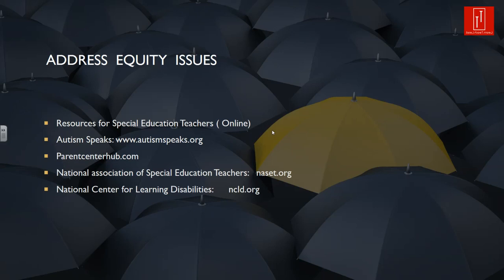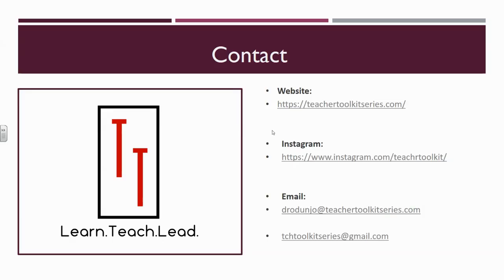For the National Association of Special Education Teachers, this is an excellent website for you to visit, naset.org. And there's the National Center for Learning Disabilities, ncld.org. A lot of great resources right here, in particular for teachers who may have students who have special needs. And so I'm hoping these resources answer your questions.